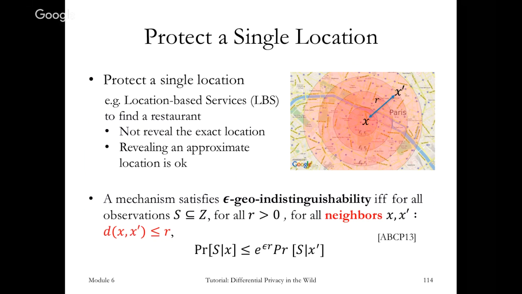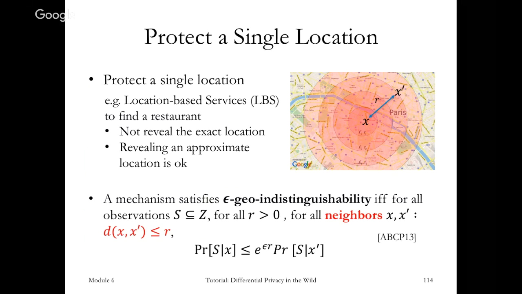So we start from the Wicker's privacy guarantee for location data. Usually joint indistinguishability is applied to the case when only a single location requires protection. This is commonly seen in location-based services. You want to find a restaurant, so you don't want to release the exact location, but a close-by location will be fine.